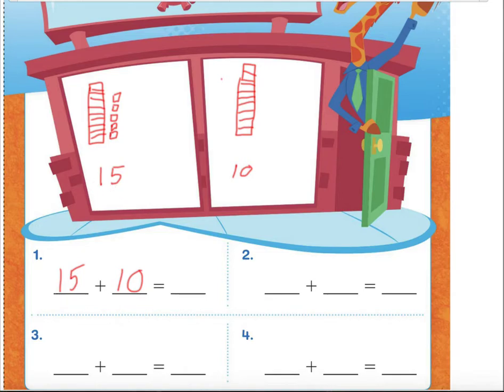Or you can look at this number sentence down here, and all you're doing is really focusing on the tens. We have 10 here, 10 here, and the 5, we're not even going to touch it. We're going to leave it alone, and it's going to stay the same.